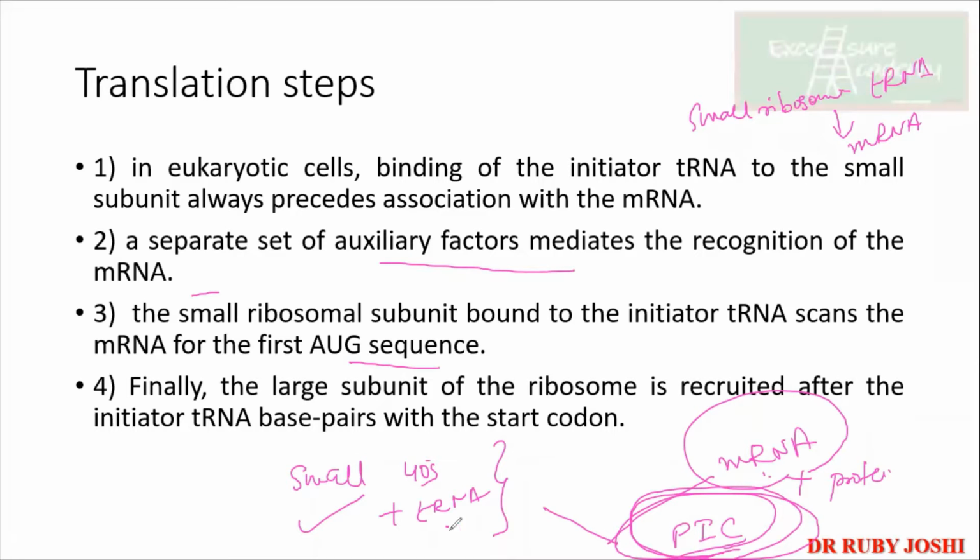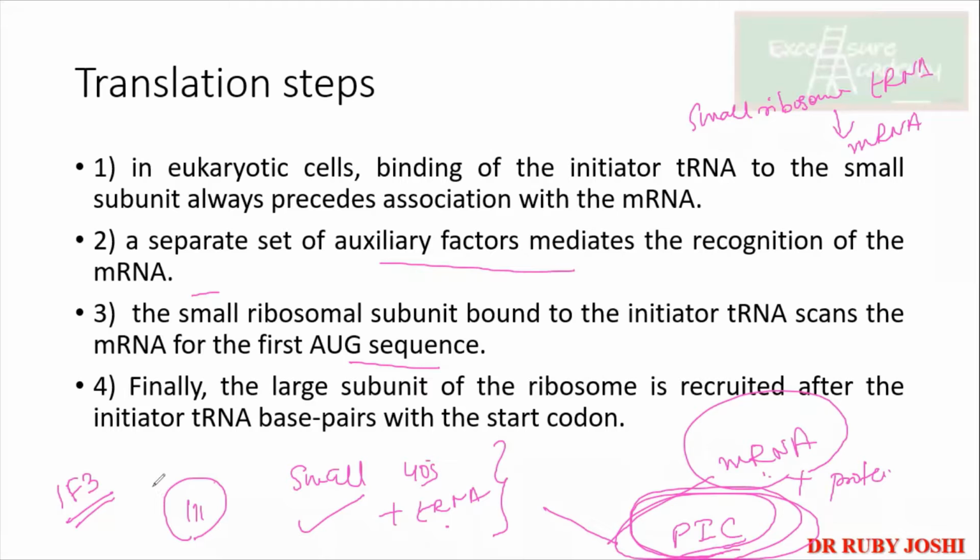As soon as the start codon and the tRNA anticodon base pair, it means it is undergoing a conformational change. Once that conformational change happens, certain initiation factors get removed and the larger subunit will form. As we saw last time, IF3, initiation factor 3 in the case of prokaryotes, what did it do? It was preventing the binding of the larger subunit, right?